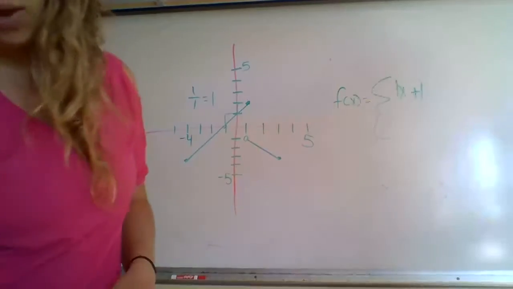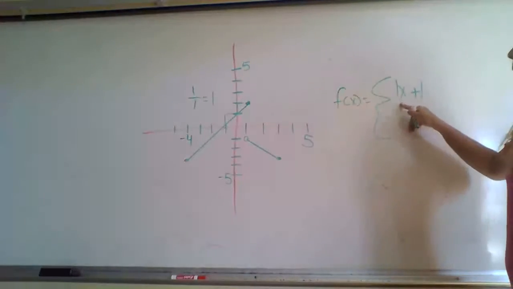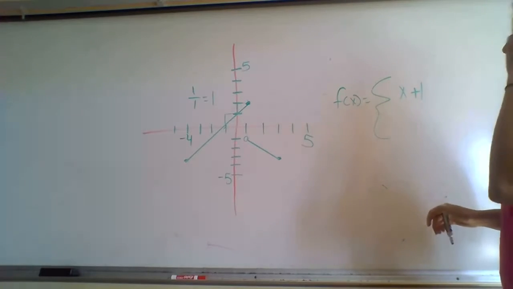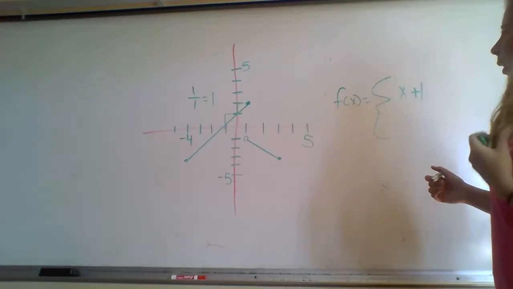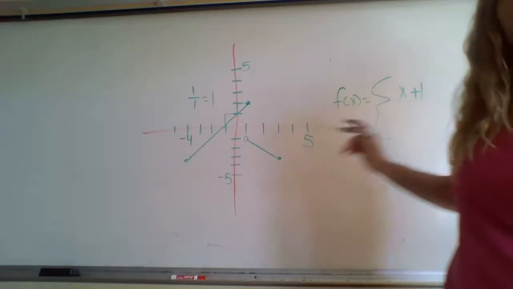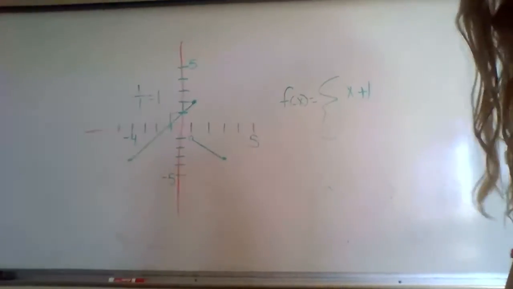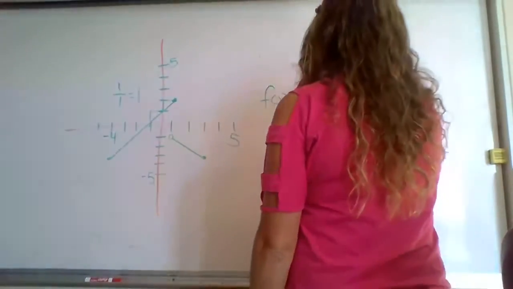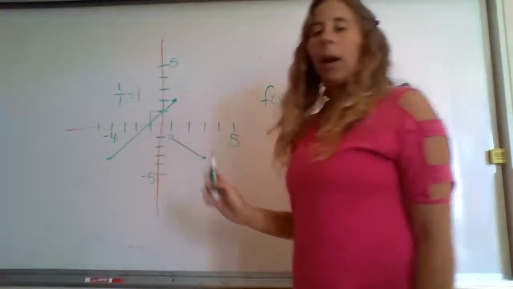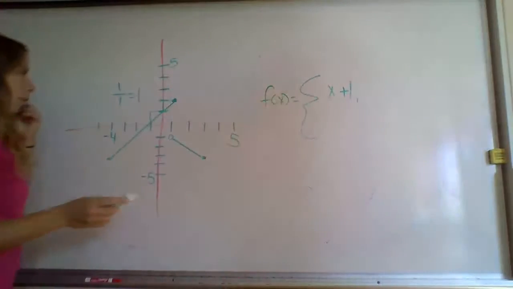Okay, sorry about that. 1x, you don't have to write the 1. So your first equation is just x plus 1. We'll go ahead and write the domain for that, and then we'll do our second one. There are no arrows on this graph, so we're not going to have any infinity in our domain.